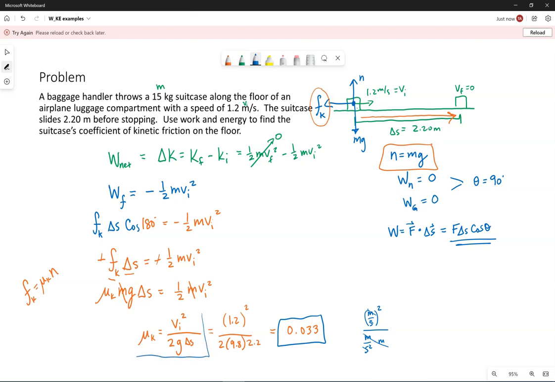If you look at this and compare to a similar problem in the previous section, you will find that this is the same equation we would come to even if we said net force equals ma, found a, plugged it into a kinematic equation, and solved for mu. So ultimately, we're just looking at another way to solve problems.